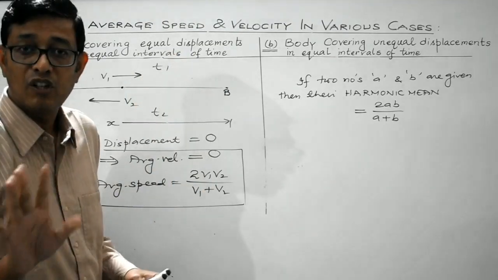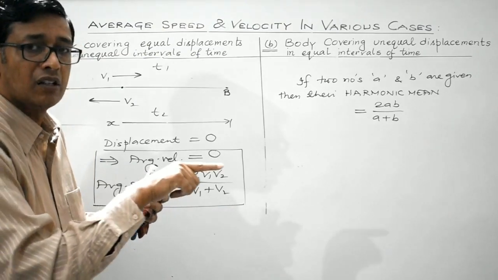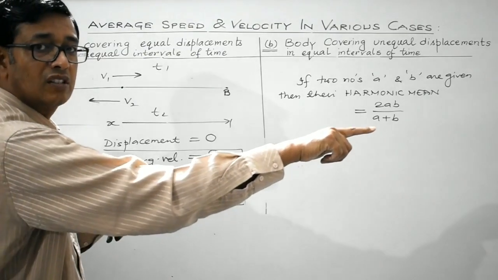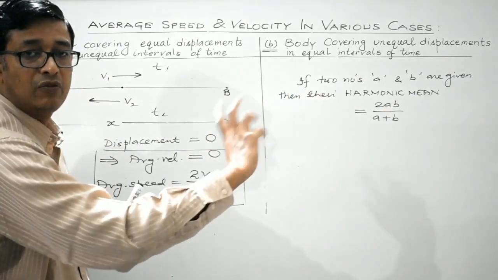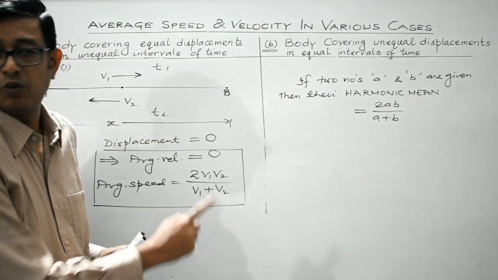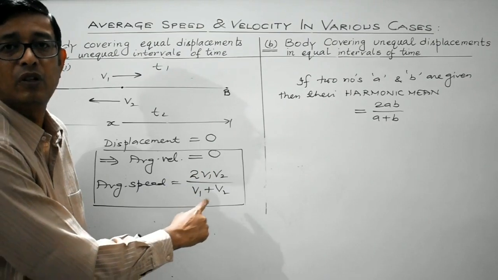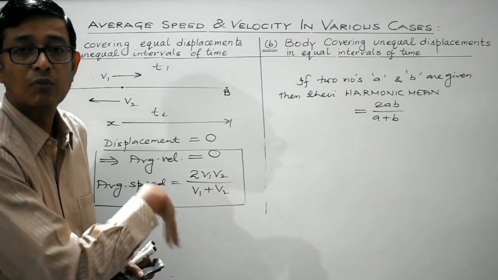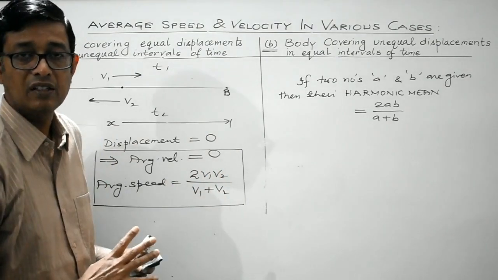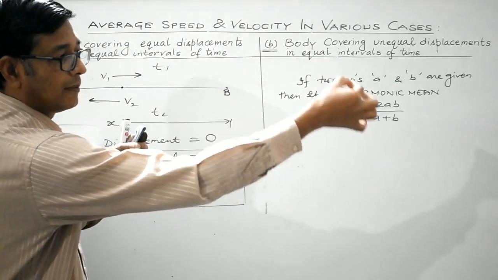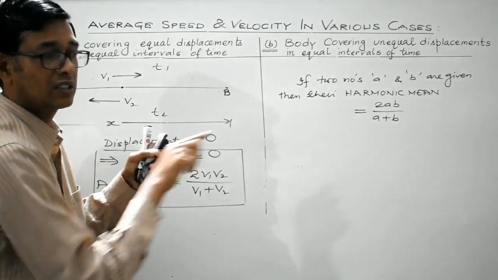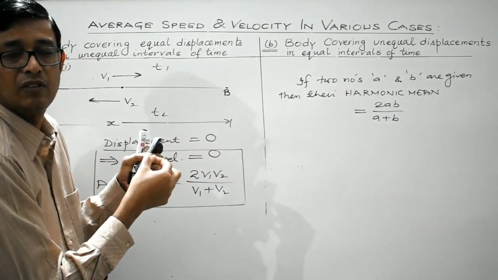So what we have done was, if a body moves along a straight path covering equal distances in unequal intervals of time, then the average speed would be equal to average velocity. Each would be given by twice v1, v2 divided by v1 plus v2, which is the harmonic mean of v1 and v2. In case the body moves from point A to B and again comes back from B to A, here also it is covering equal distances in unequal intervals of time.